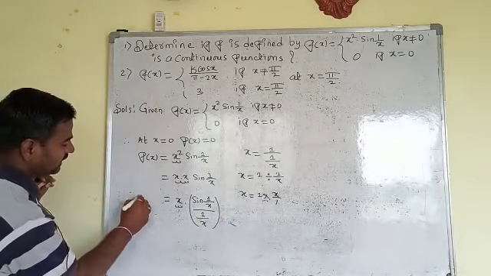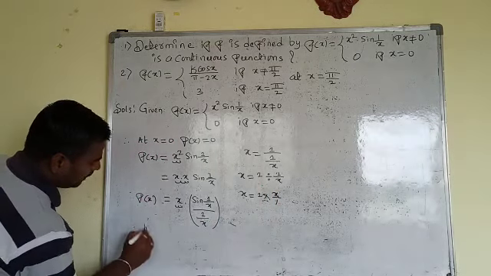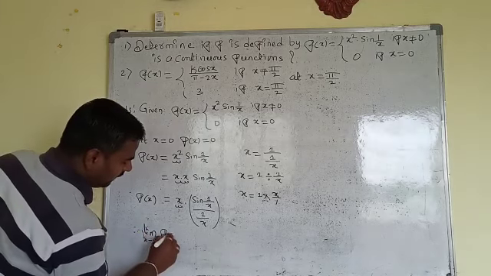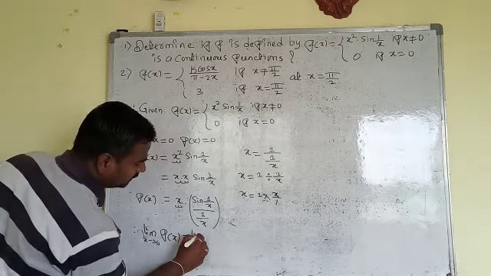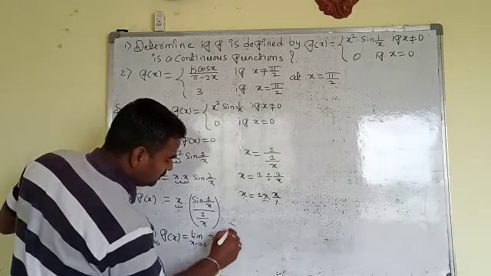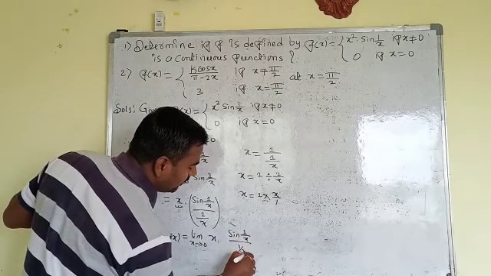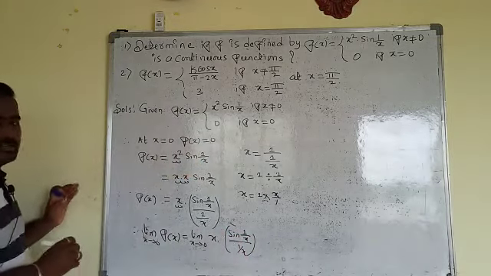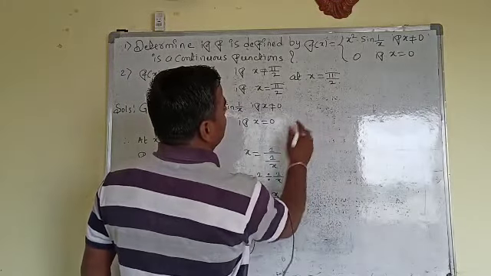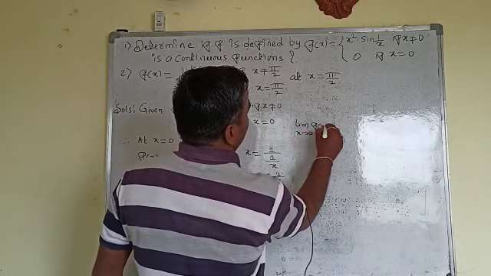Now I am applying the limit. Limit x tends to 0, f of x, limit x tends to 0, x into sine 1 by x whole by 1 by x, right. One step I will write: limit x tends to 0, f of x.